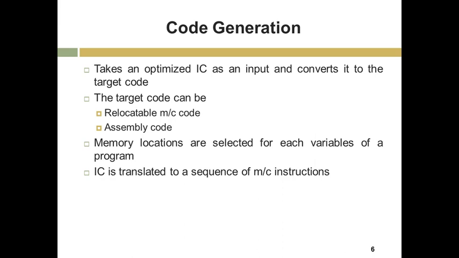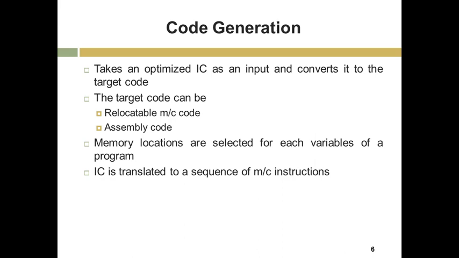The code generation phase takes an optimized intermediate code as an input and converts it to the target code. The target code can be relocatable machine code or assembly code. It depends on the design of the compiler. If it is relocatable machine code, then it is given to the linker and loader at the time of execution.